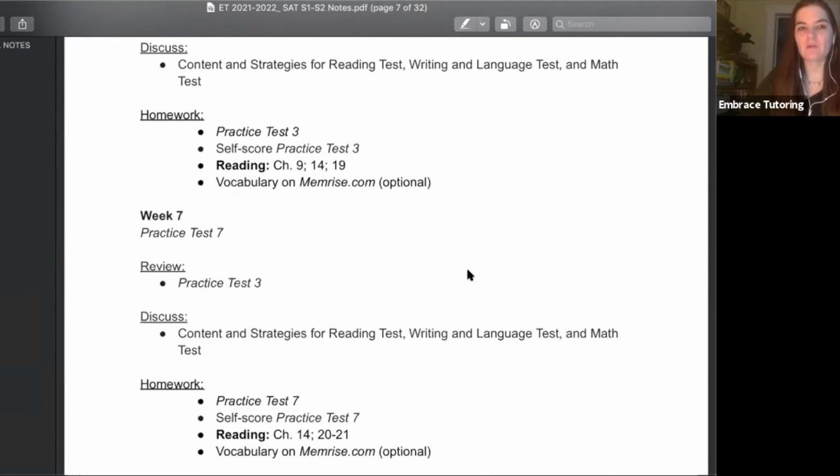So your school should have that information. That's also why we went over a little bit of the registration information, because you do have to actually register for the test, unless it's offered directly through your school. I think they do it so that you register through your school instead.